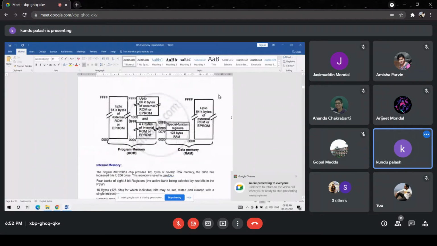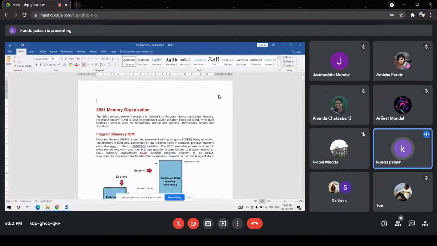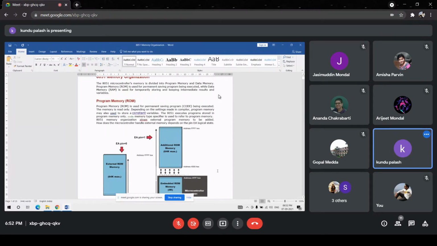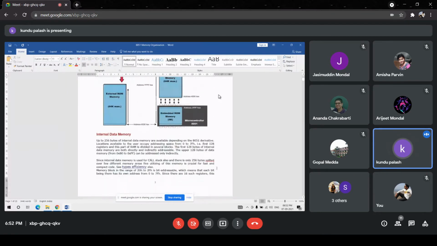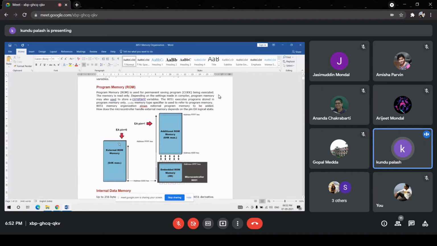Now, the very important part of the 8051 is the memory organization, or internal memory organization, because as we know, the 8051 consists of the program memory as well as the data memory. The data memory is RAM, read-write memory. There must be a provision for interfacing an external memory of address space 64 kilobytes maximum.